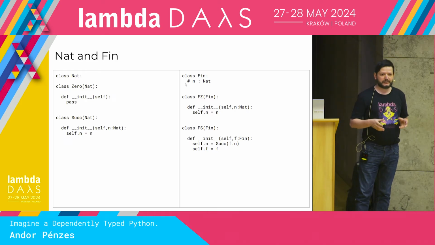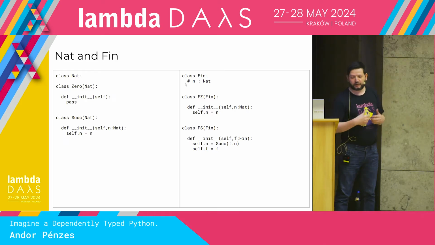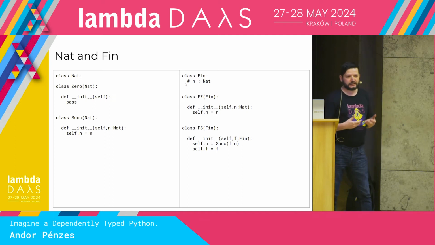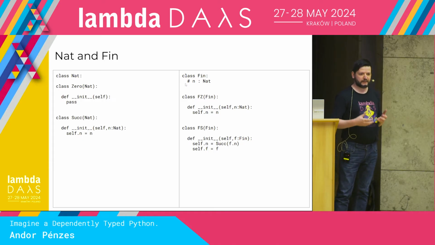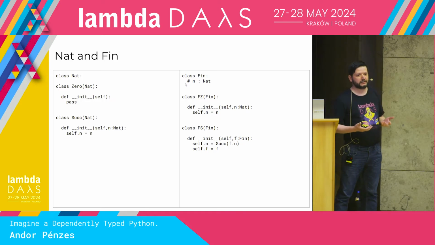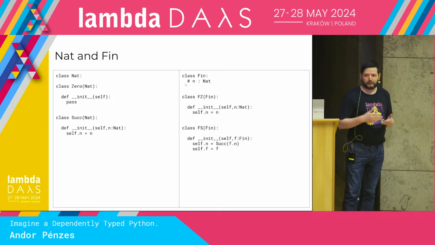But here in this syntax, we are creating a new abstract class, a new type, Fin, which has one index, this n natural number. And this value must be instantiated during the constructor calls of this class.